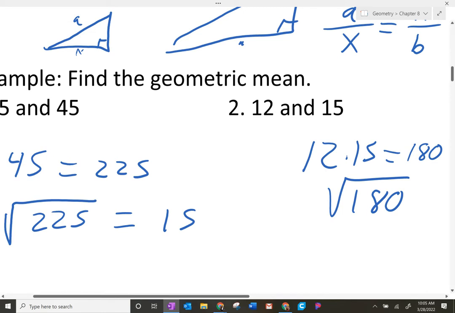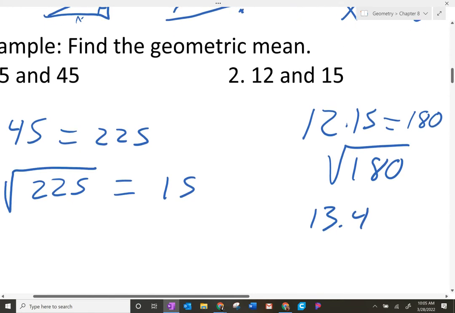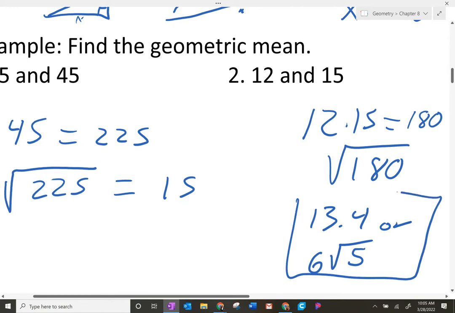But I got 180, so it should be 13.4. Or if you wanted to do something a little bit different, perfect. Yeah, I got 6 square root of 5. I can take either one of those for my answer. Again, multiply the two numbers, take the square root.